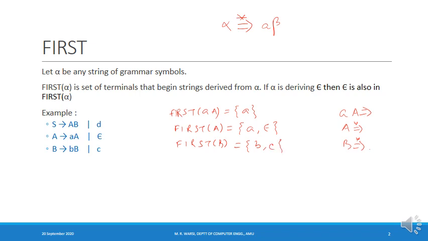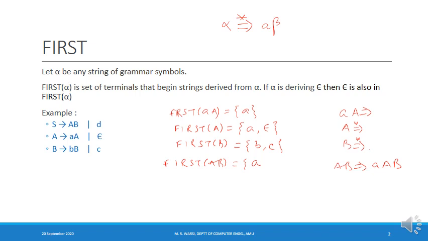Let's now calculate the first of the string AB. The question now is what strings are derivable from AB and they are beginning with what terminal symbol? I can expand this capital A and obtain, for example, small a, capital A, and capital B. Since this is beginning with small a, small a will be there in the first of AB.